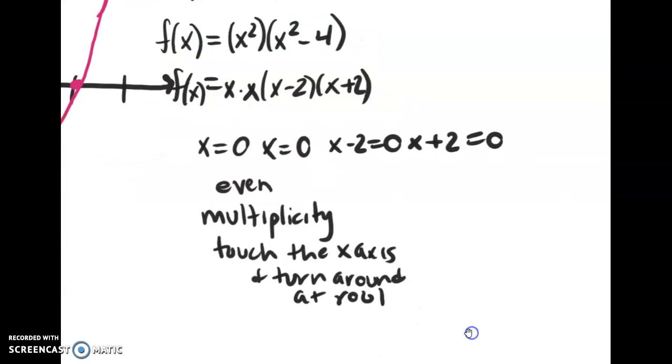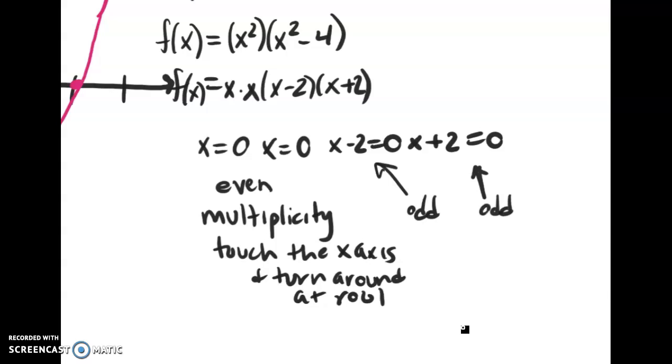And on these two, these have one solution each. Those are odd. It's just a single root. So it's an odd number.